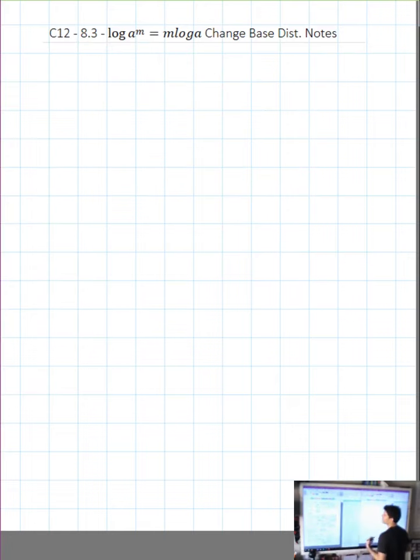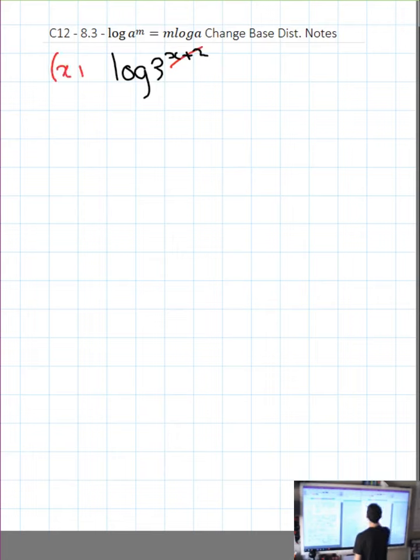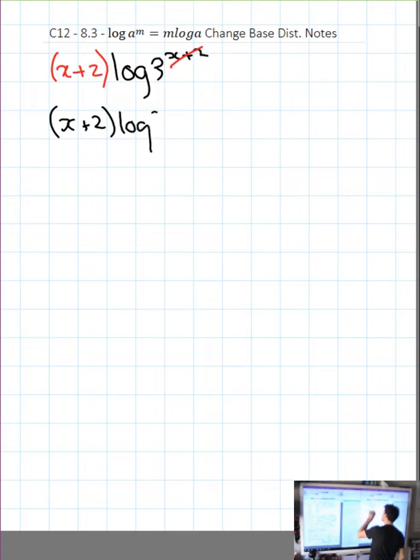So let's take a look at another example of bringing an exponent down in front. If I have log 3 of x plus 2, well, that's an exponent of a logarithm, so I can bring that exponent down in front. And what I'll be left with is (x plus 2) log 3. Now, I actually have to distribute backwards.